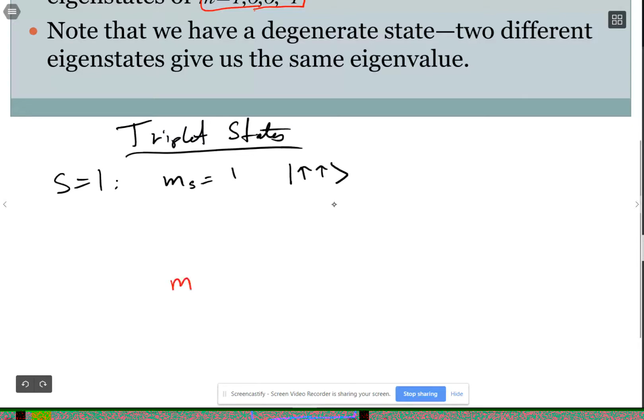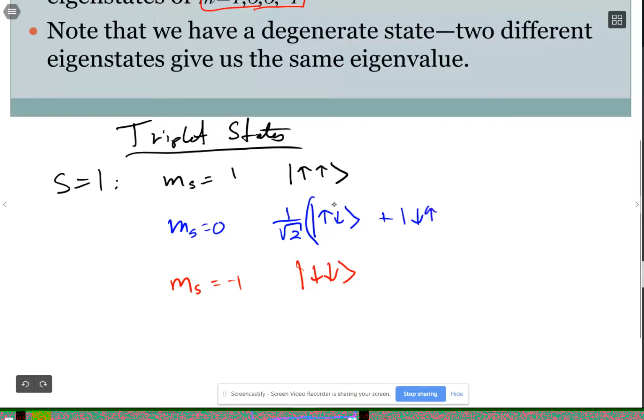I already had my m sub s equals -1 is down, down. And now we just found my m sub s equals 0 is 1 over square root of 2 times up, down, plus down, up. So there's my triplet states.